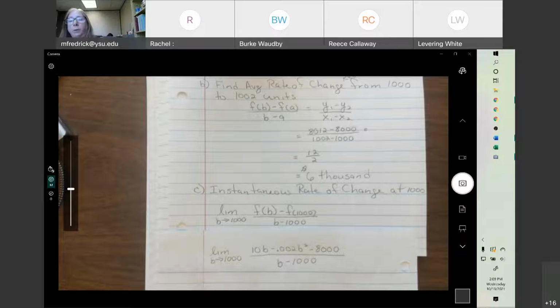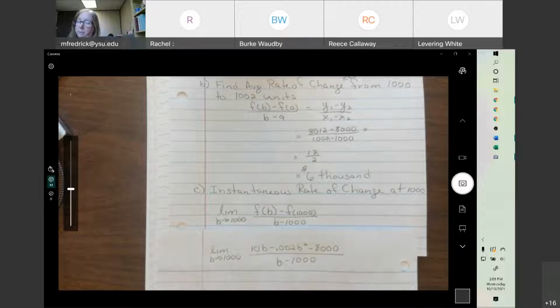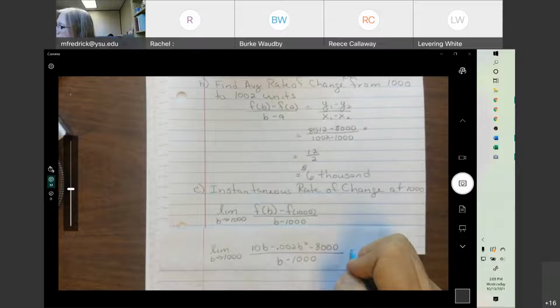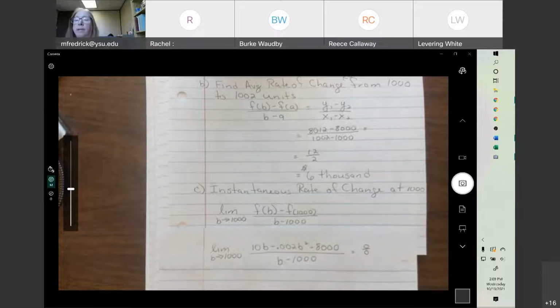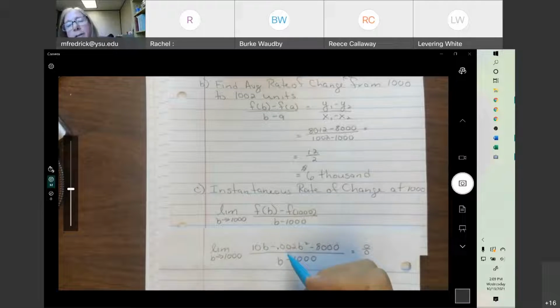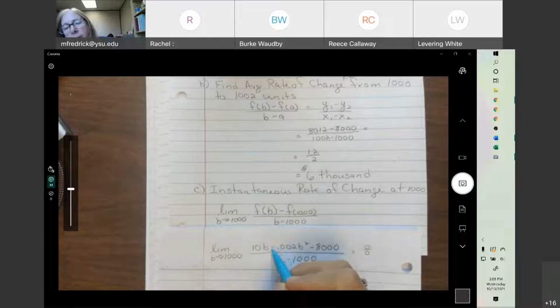Okay. If you plug your 1,000 in, because remember when we're taking the limit, first thing we do is plug it in. When we plug it in though, we get 0 over 0, which means that this b minus 1,000 is a common factor with the top. But before I try and factor it, I'm going to put this in order.